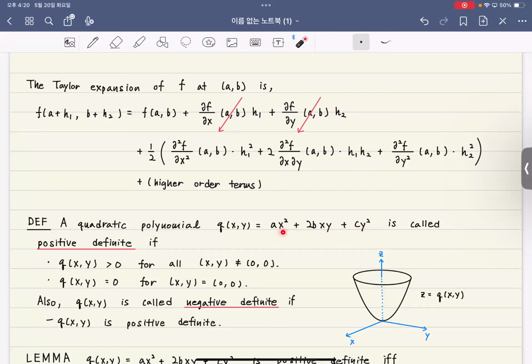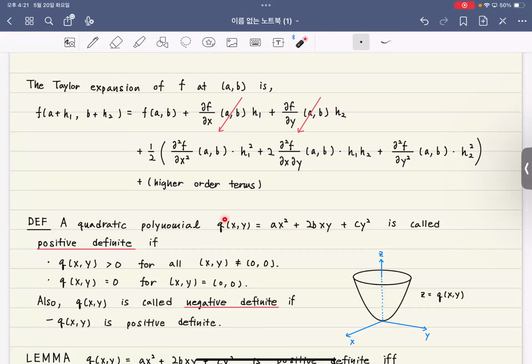And this quadratic polynomial is called positive definite if it satisfies these two conditions. Okay, so what are these?